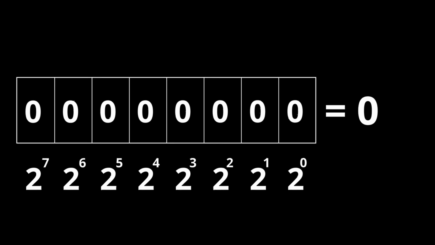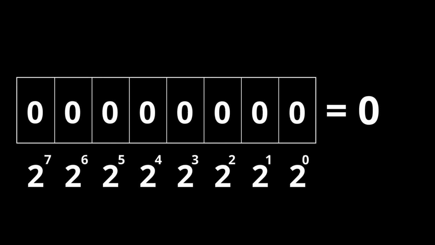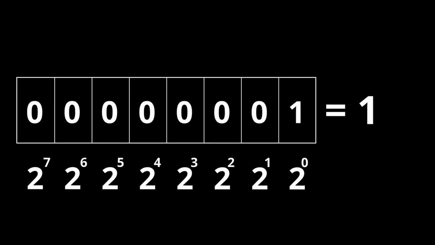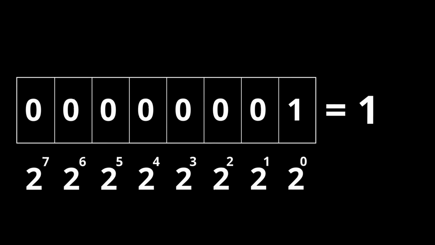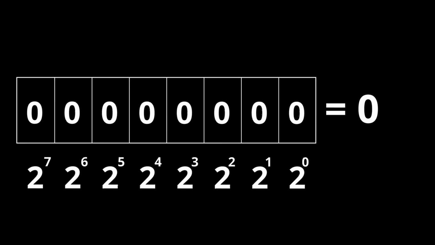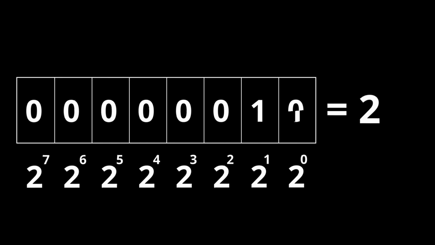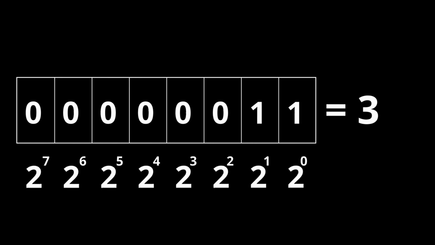Now, going from right to left, let's turn on the first box that represents the number 1. By replacing the 0 with the 1, boom, now our output would be 1. To get the number 2 as our output, we would turn off the first box and turn on the second one. Now, we go back to the first box and turn that one back on to get number 3 as our output.